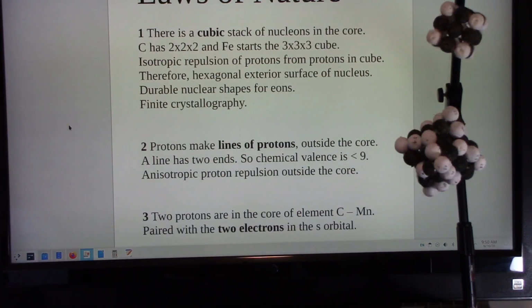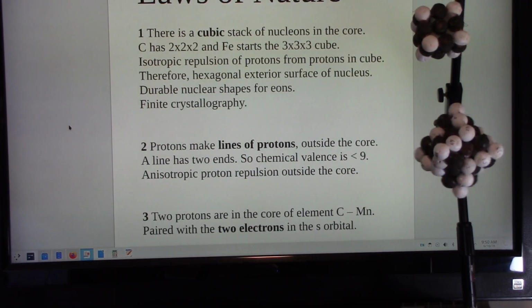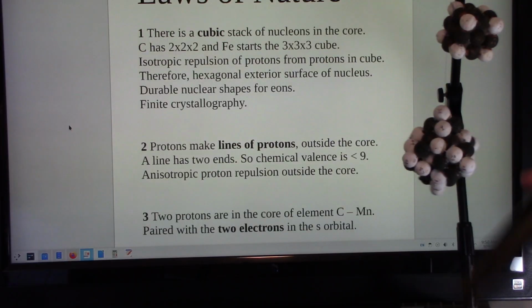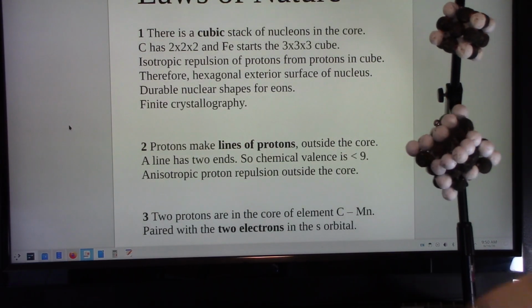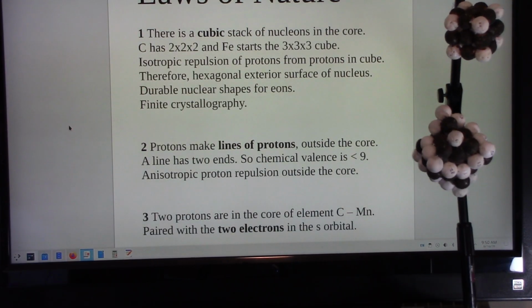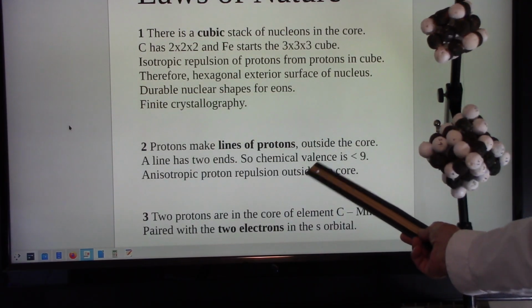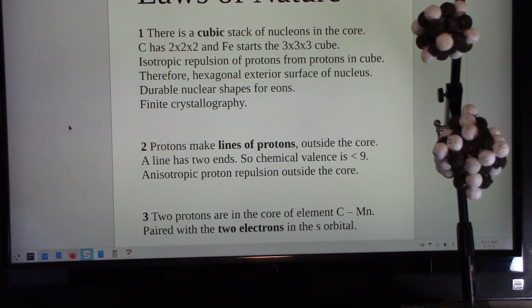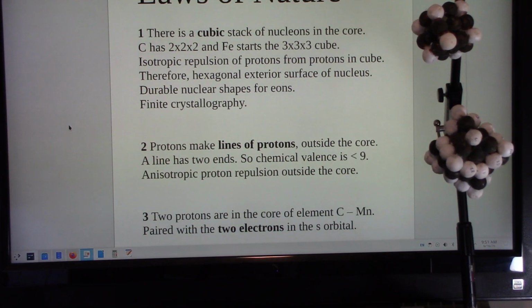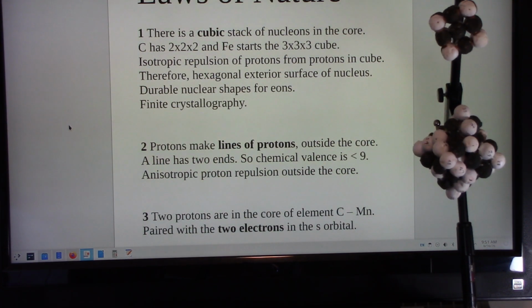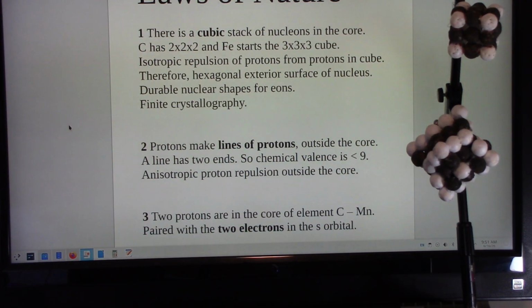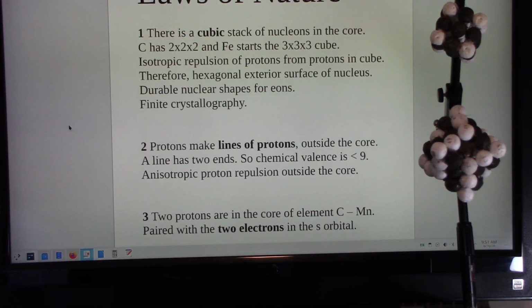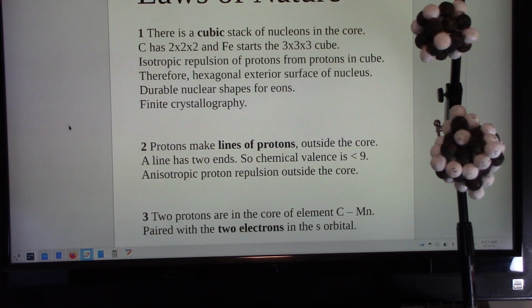That's for next year. So now, because of the lines of protons, all 118 chemical elements have a valence of 8 or less. That's because each line has 2 ends. And the ends are where the bonds start.